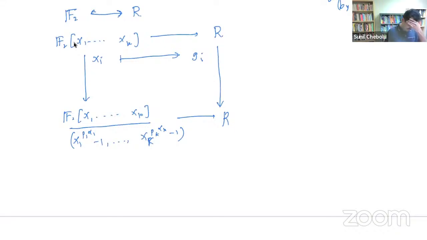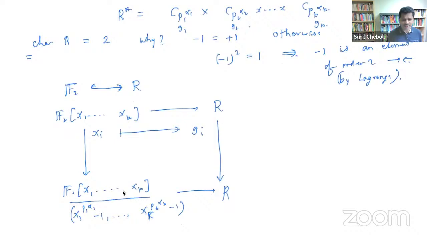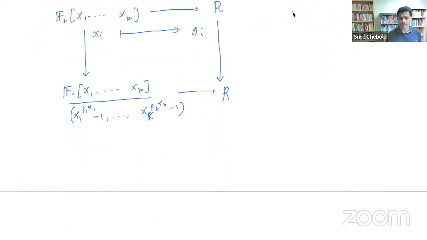So you have this quotient because these are cyclic groups, and each gi has order p_i to the α_i, so you get through this quotient.